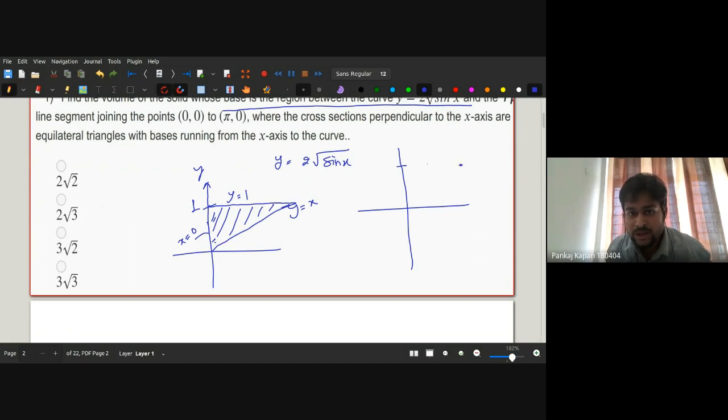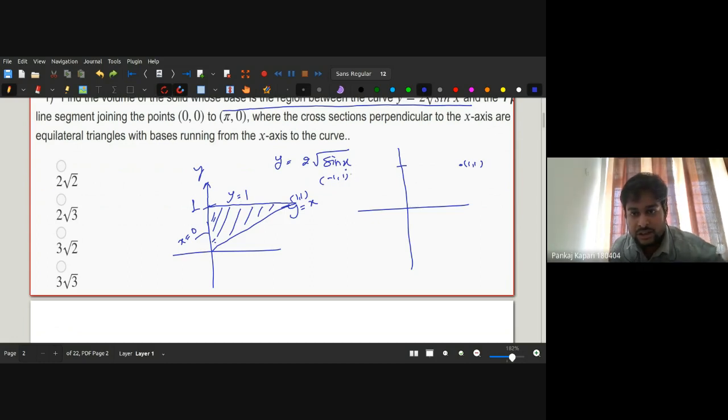You can see that this is the line y equal to x. That means this is point 1 comma 1, and then you will have point minus 1 comma 1, and like this. Because you are rotating this particular part, you will get a cone, right?